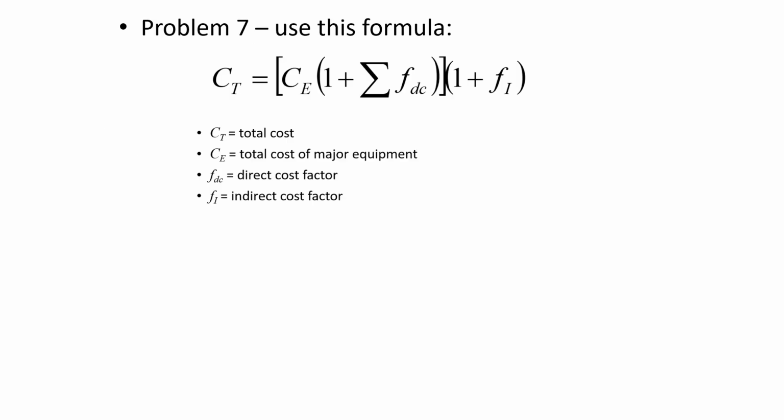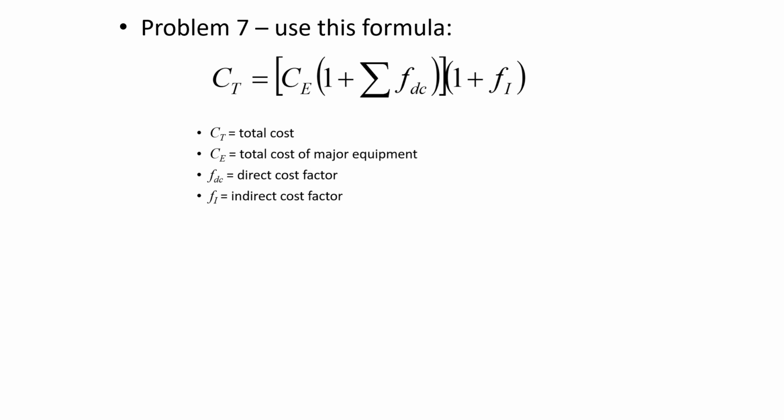So let's just real quick talk about a couple of key ideas from the homework assignment. So I've included this as a hint on how to calculate the total cost on problem 7. So this is something that we'll talk about today. We're going to talk about indirect costs and direct costs, and how major equipment can be a baseline cost for the overall project cost.